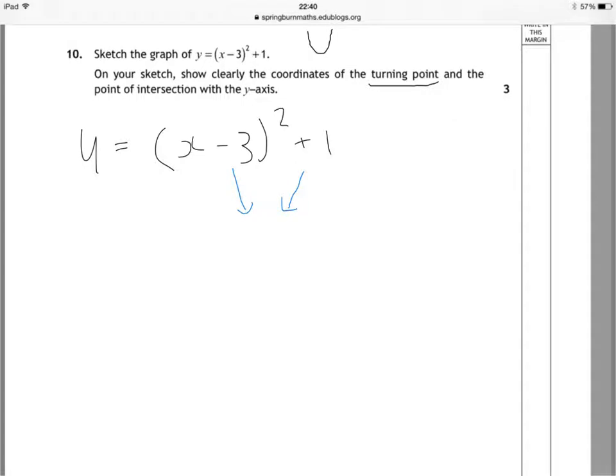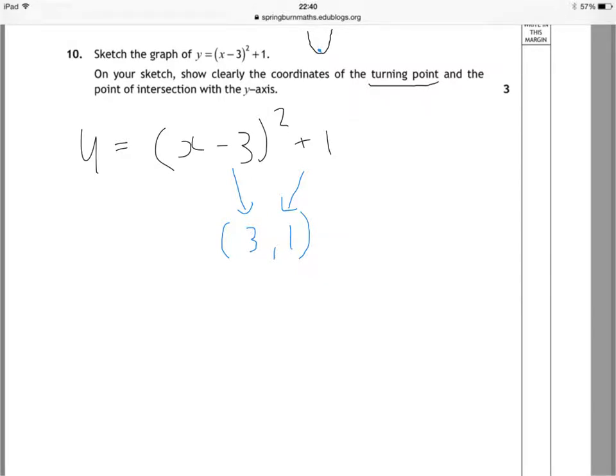The number inside the bracket becomes the x coordinate of the turning point, but you change its sign, so minus 3 becomes 3. The number outside the bracket is the y coordinate of the turning point, and you don't change its sign. So now we've got the basic shape of the curve and we've got its turning point.